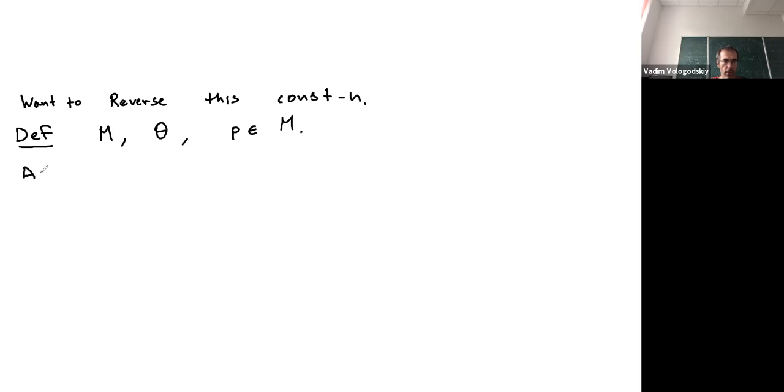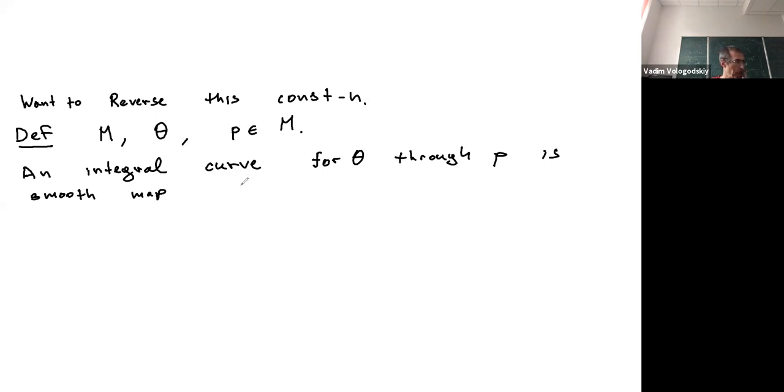So an integral curve through P for theta through P is a smooth map from an interval to M. I will call this map gamma.